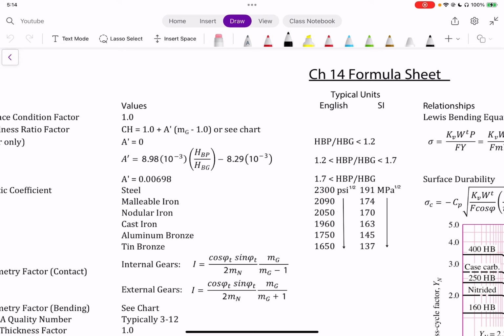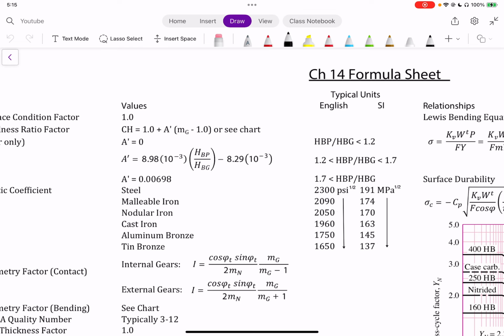The problem is that we're given two different materials that are meshing together. Now, typically when gears are designed, you usually want to use the same material for both gears meshing together. In this case, they're using different materials together. So in this formula sheet, I only give you values where you would have a steel pinion and a steel gear. So we need to go a step further and try to analyze what we would get.